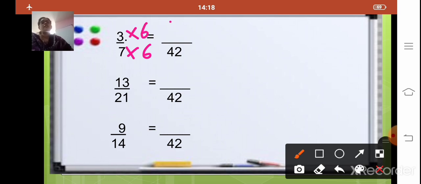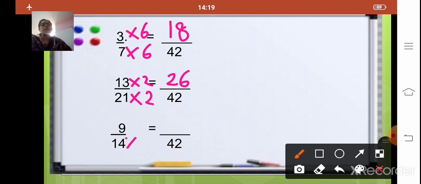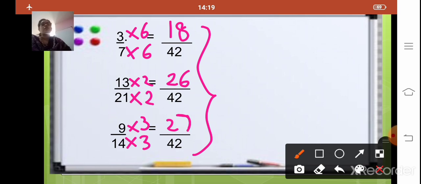Same way 3 times 6 is 18. 21, how many times is 42? 21 twos are 42, 13 twos are 26. 14 threes are 42, same way 9 threes are 27. All the fractions are like fractions where the denominator is 42.